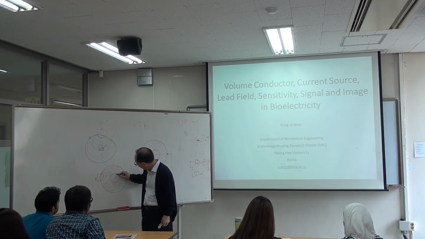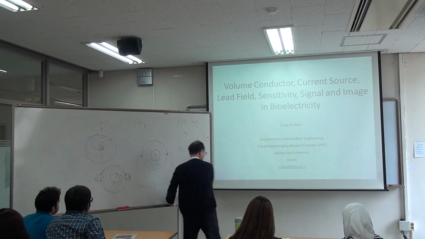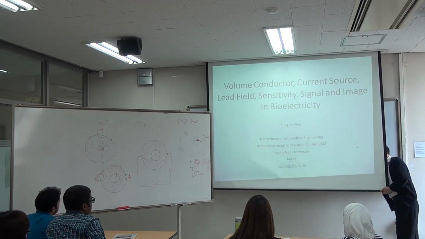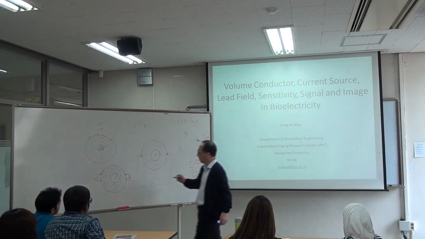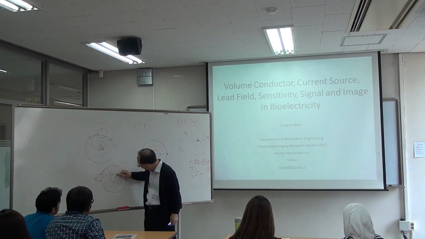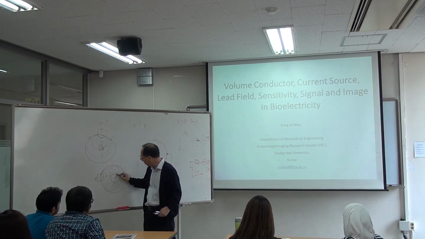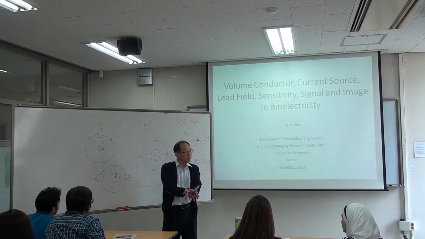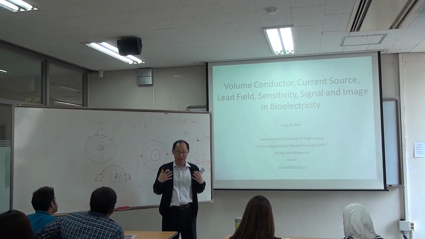If I check this point, I have red vector pointing in this direction and blue vector pointing in this direction. They are in more or less the same direction, and the angle is less than 90 degrees.